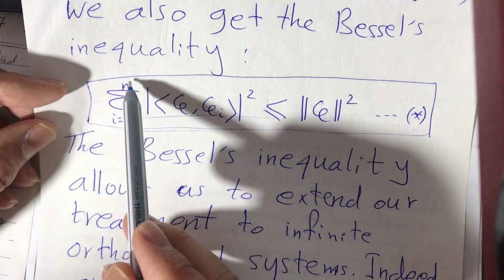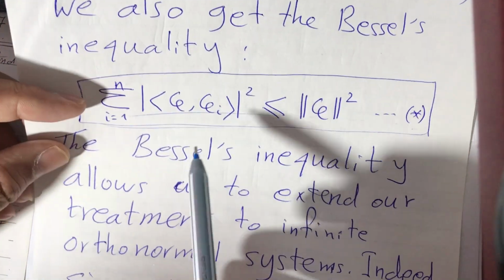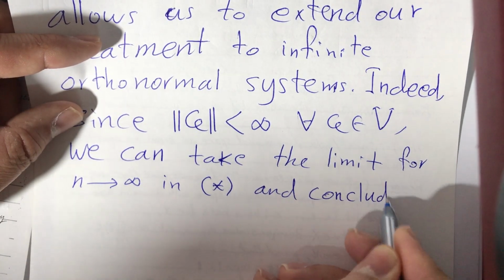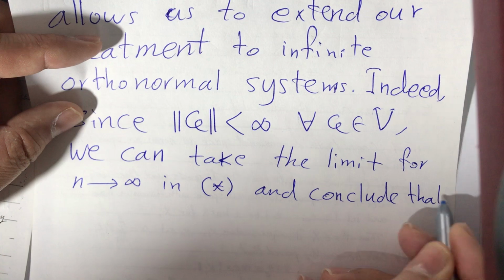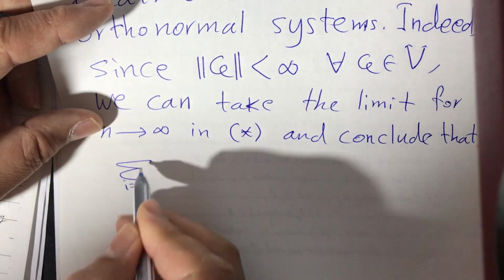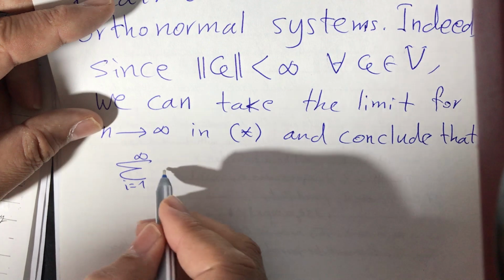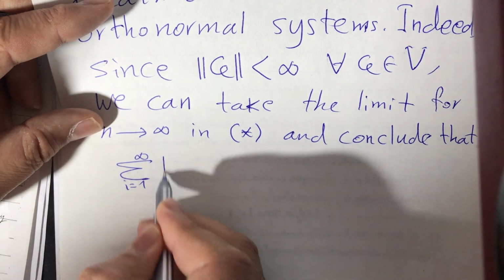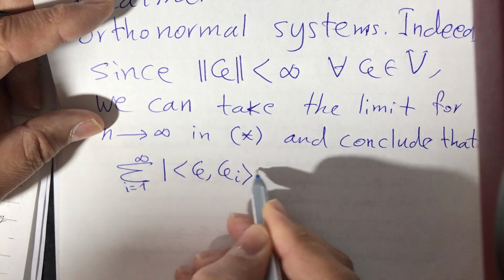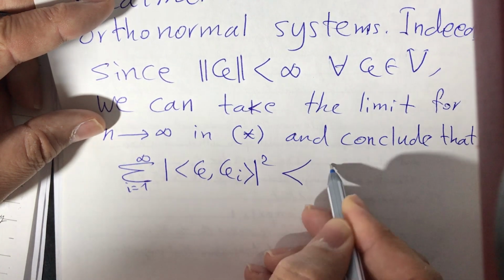You can take n going to infinity and conclude that the summation i from 1 to infinity of the absolute value of the inner product of phi and phi i, squared, is less than infinity.